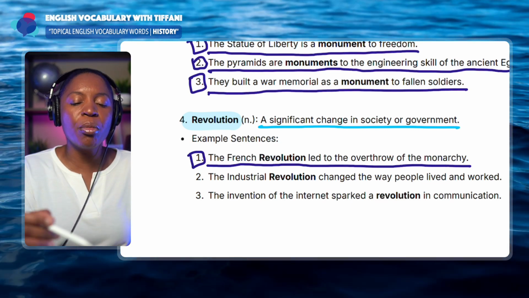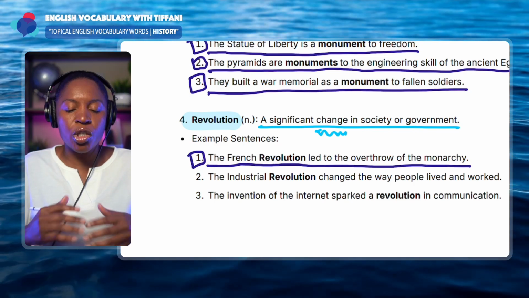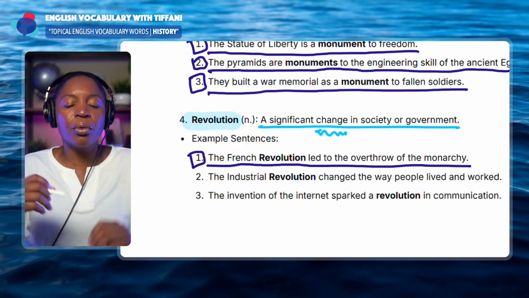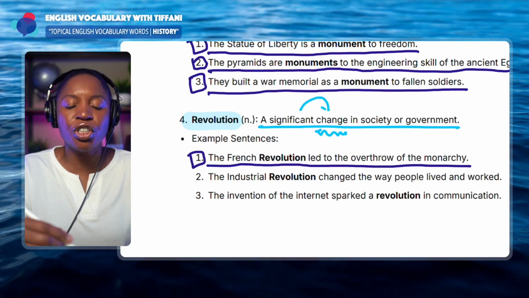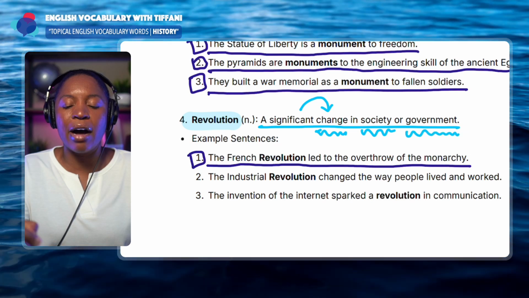Remember, the term revolution refers to a significant change. So the revolution was like, listen, we don't like the monarchy right now. We want a change. Something needs to happen. Something needs to be different. Again, revolution refers to a significant change in society or government.